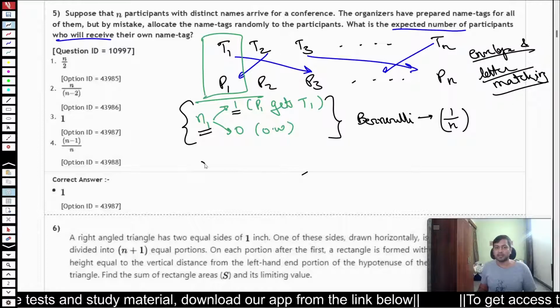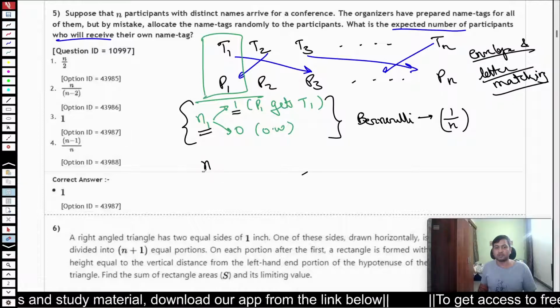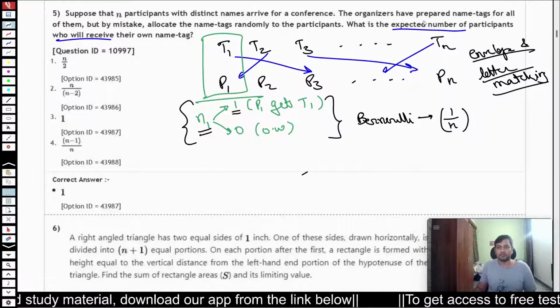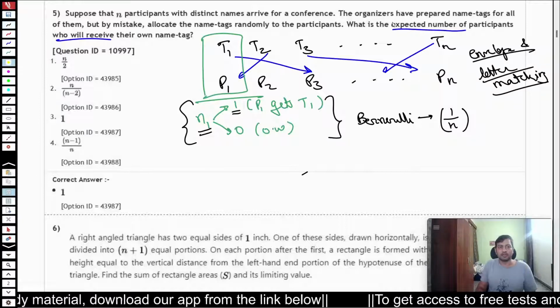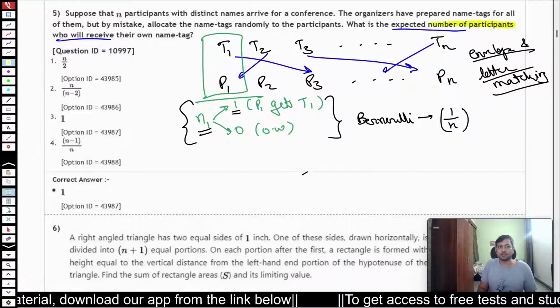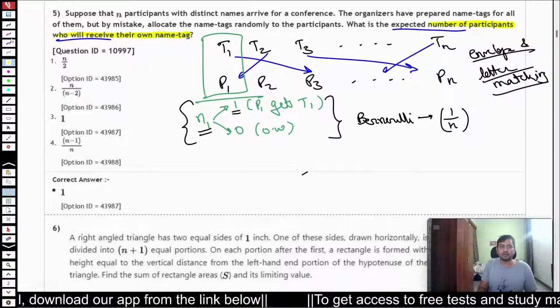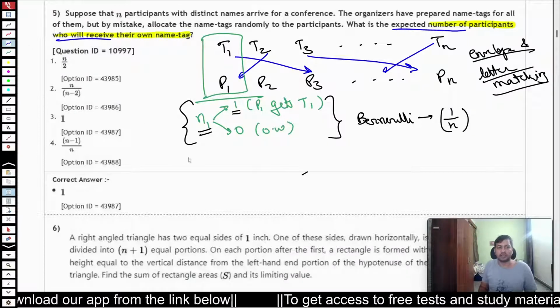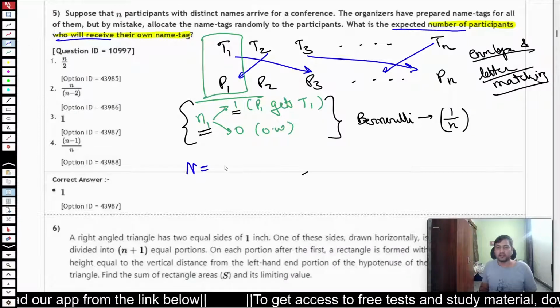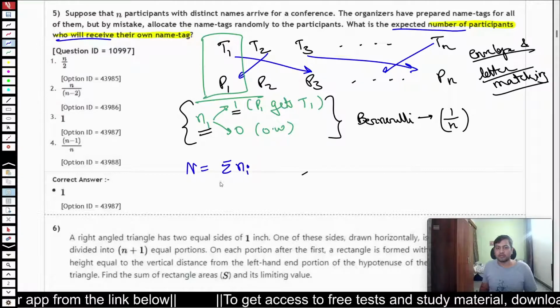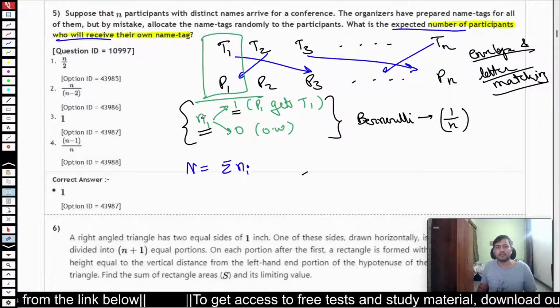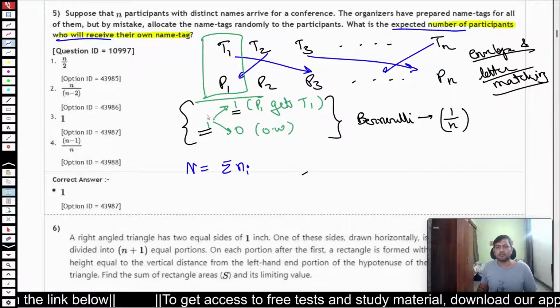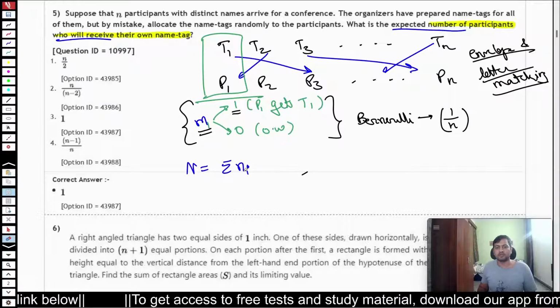Similarly, we have n2, n3 and so on. So the number of participants who will receive their own name tag, let me call this capital N. Capital N is nothing but the summation of ni going from, actually I shouldn't use n1, let me take m1 to avoid confusion.